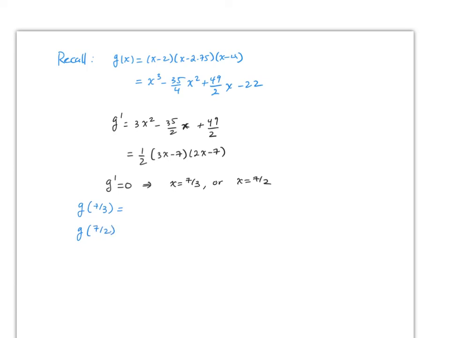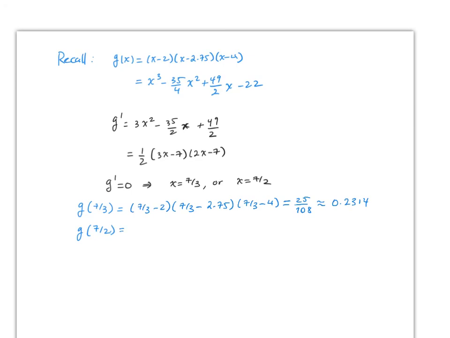G of 7 over 3 will give you 7 over 3 minus 2, 7 over 3 minus 2.75, and then 7 over 3 minus 4. And this is equal to 25 over 108, which is approximately equal to 0.314.